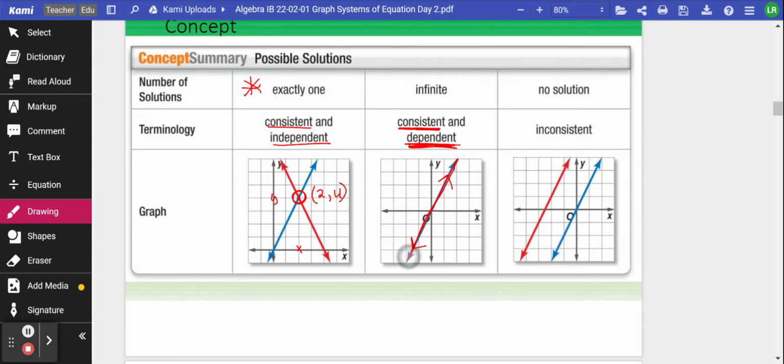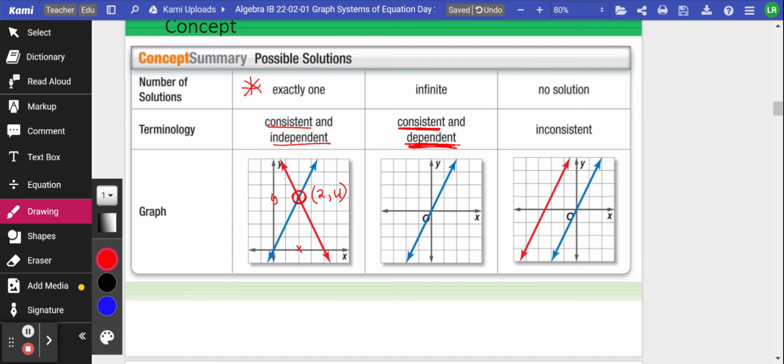Now, what Mr. Alone likes to do on the graph, it'll typically just look like this with one blue line. I like to draw a second set of arrows just to remind myself that I really did put two lines on this graph. There's just the same thing, one over top of the other, so they're always touching each other. There's infinitely many solutions. Your answer for this one would be infinitely many.